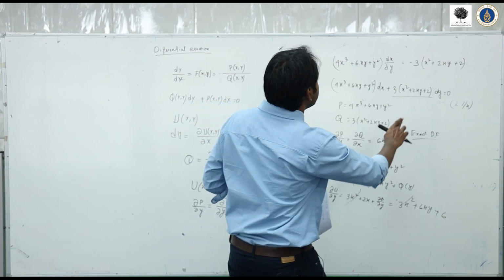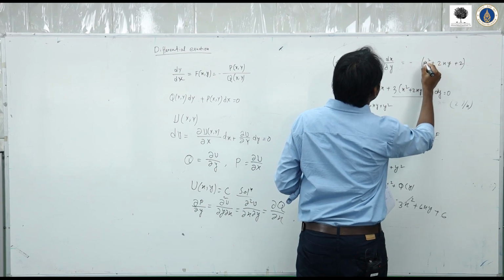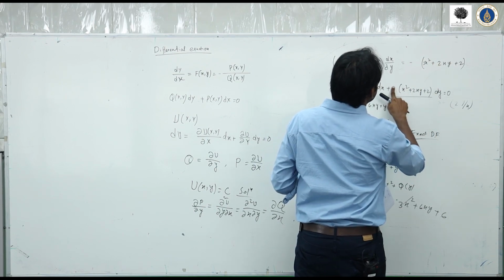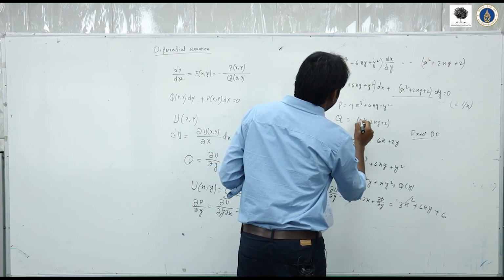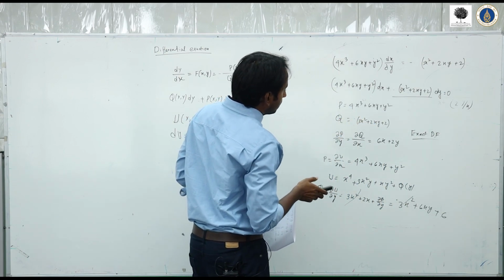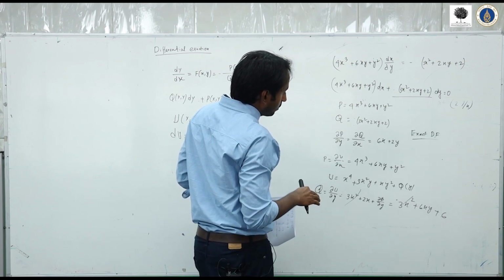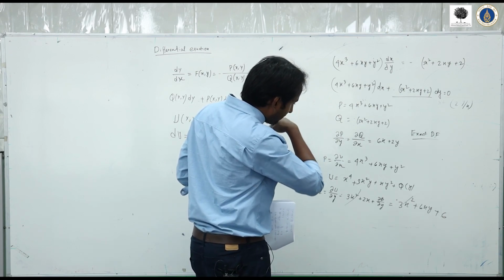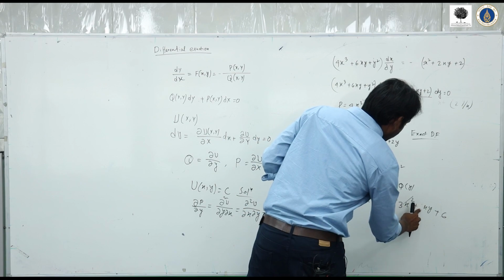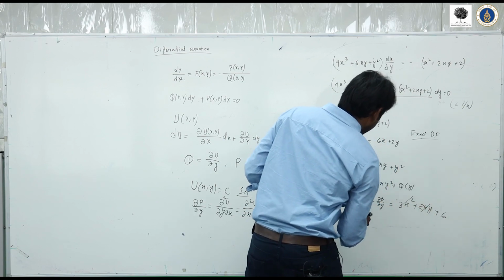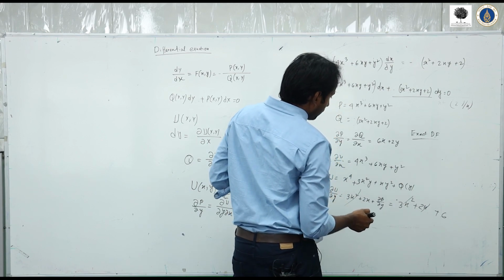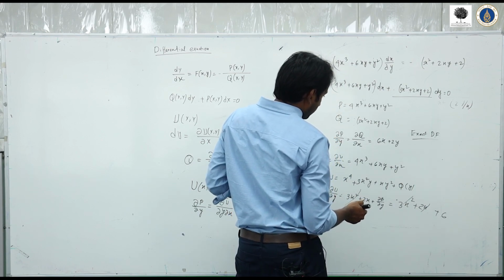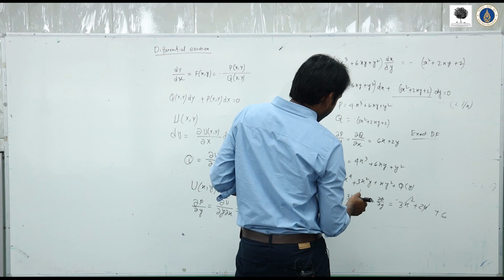I might have a mistake, so this 3 should go here. Yes, sorry, otherwise it won't make it an exact differential equation. So if this goes there, you can see this will be 2, so you can cut it to 2x, because its derivative with respect to y is 2xy.